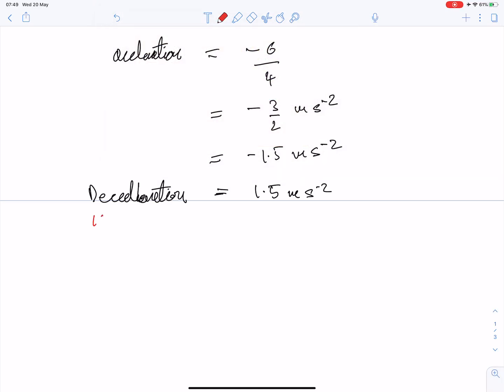Deceleration is a negative of acceleration. And if you just miss those little bits of detail off in an exam, it's going to cost you a mark. Okay.